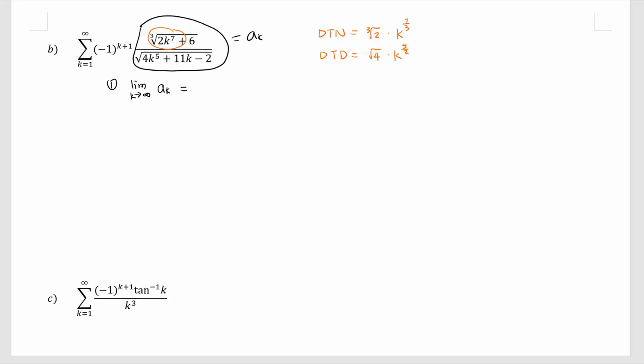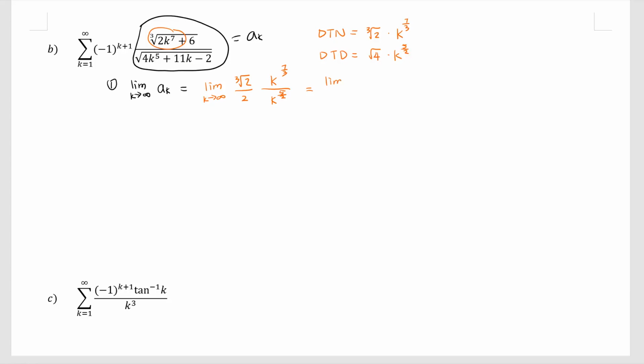So far, so good, everybody? So we get the limit as k goes to infinity of the cube root of 2 over the square root of 4, which is 2. And then we have k to the 7/3 over k to the 5/2.